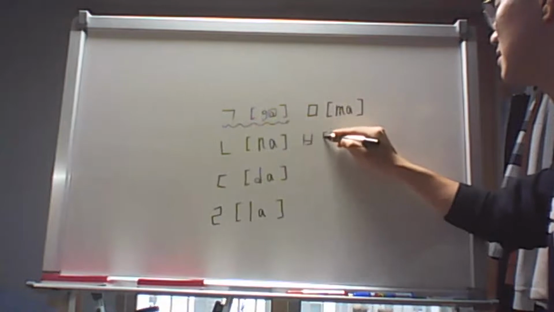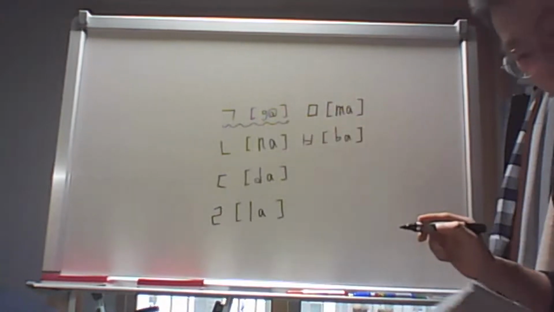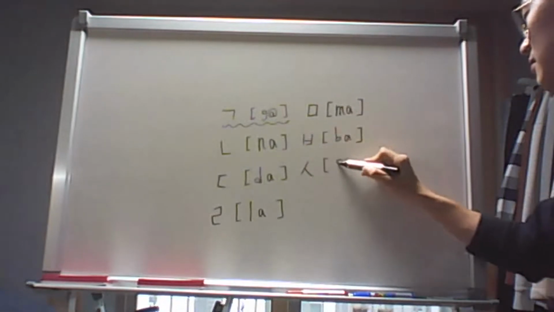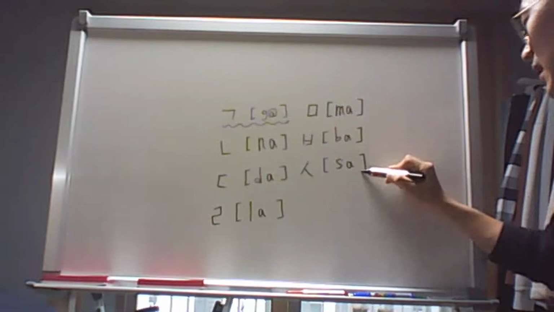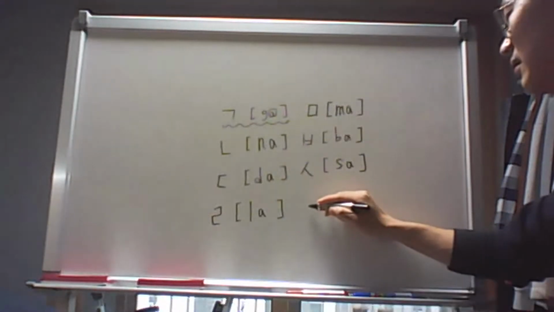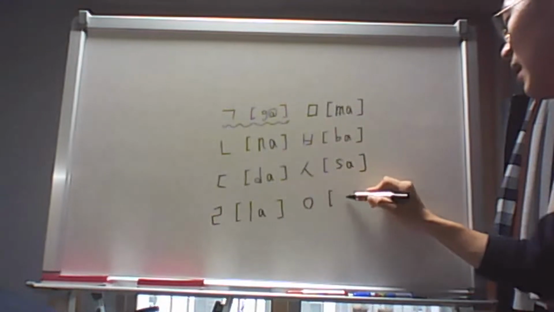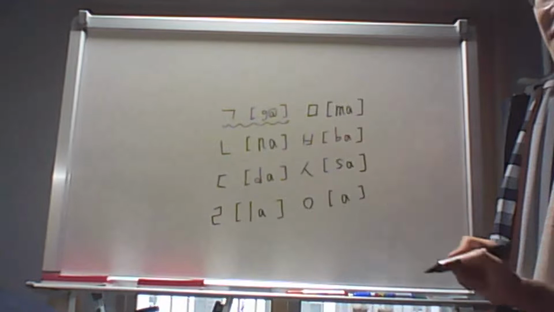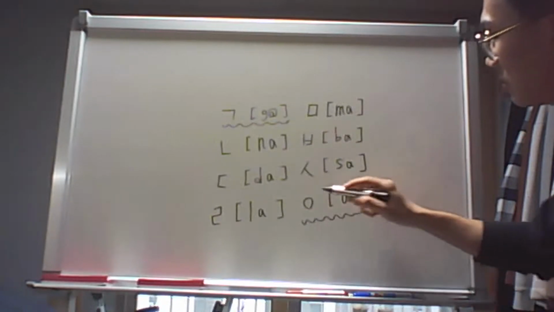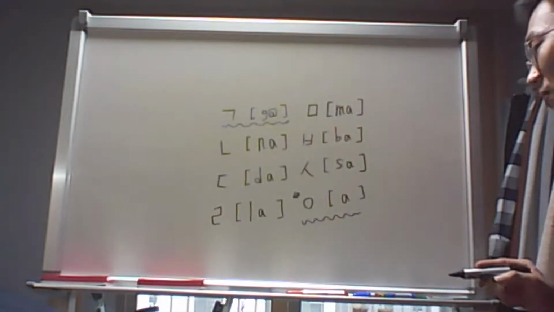This is ba. Next is sa. Next is this one. You need to think about this, it's really important.